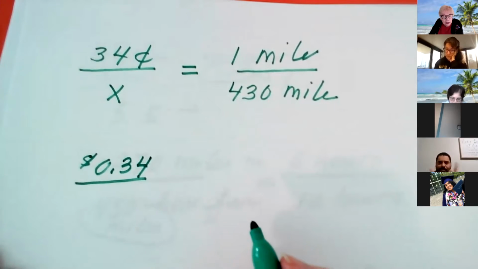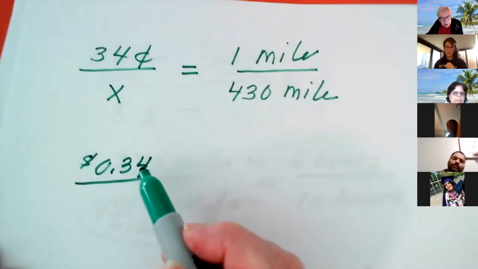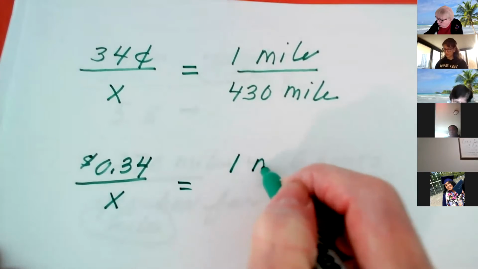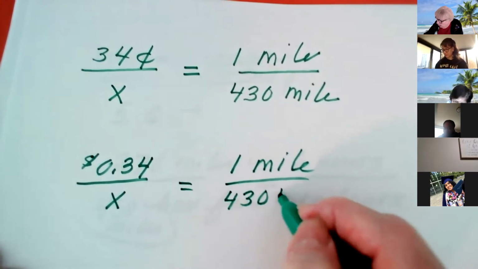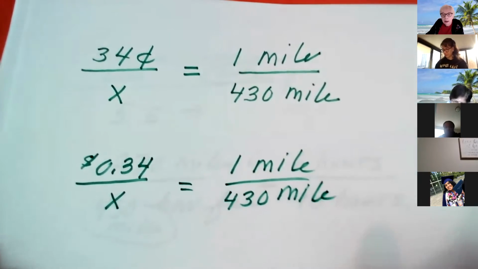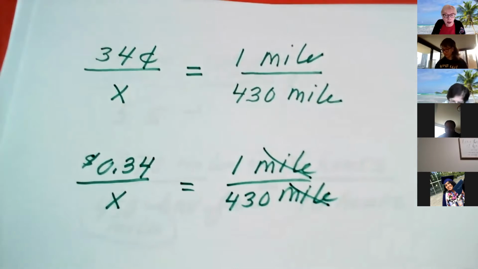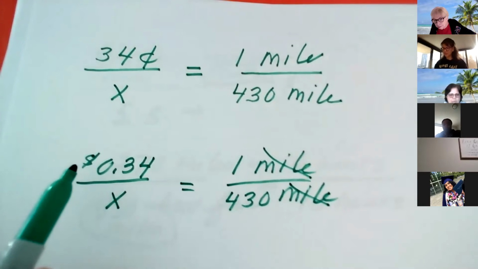Isn't that correct? Yep. So the 34 cents becomes 0.34. This is X. This is 1 mile, remember, and this is 430 miles. I like this one slightly better because I can kill the miles and the only unit I have left is dollars.